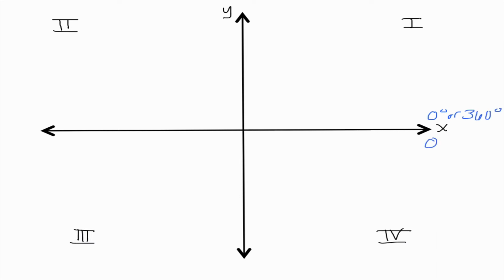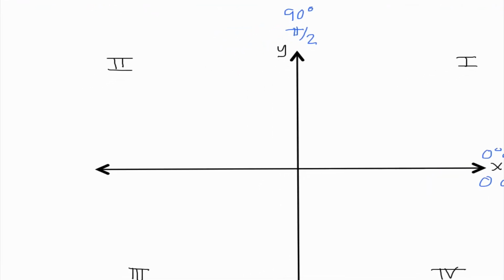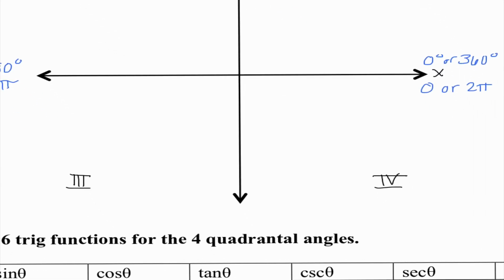We could also think of it as 0 or 2 pi. Up top, this is 90 degrees, or half of a semicircle, which would be pi over 2. Our negative x-axis would be 180 or pi because it is a semicircle. And then down below, this is 270 degrees or 3 pi over 2.